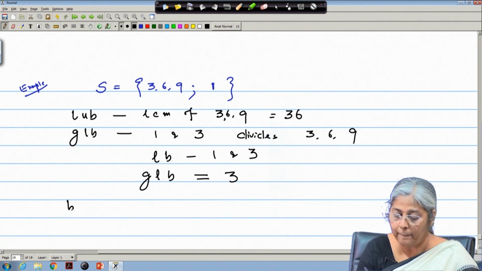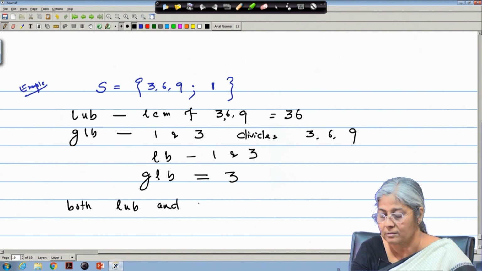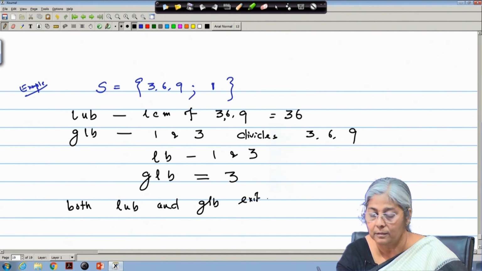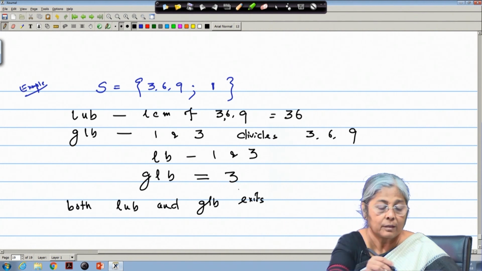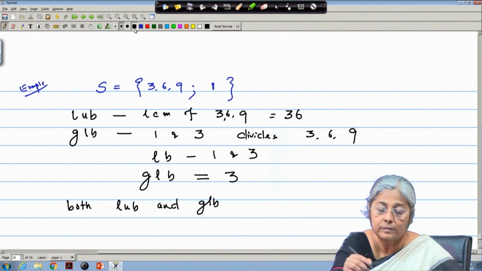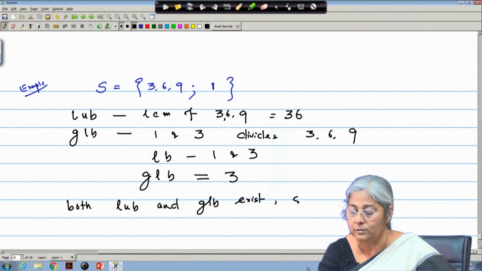So, both LUB and GLB exist, and it forms a lattice.